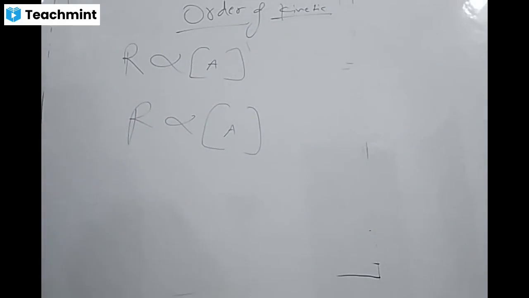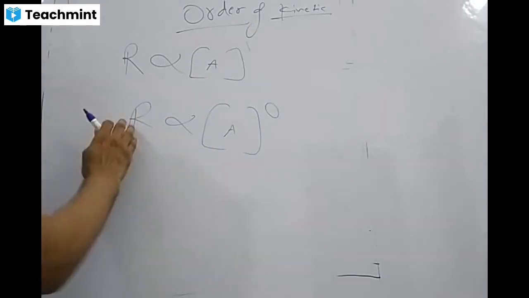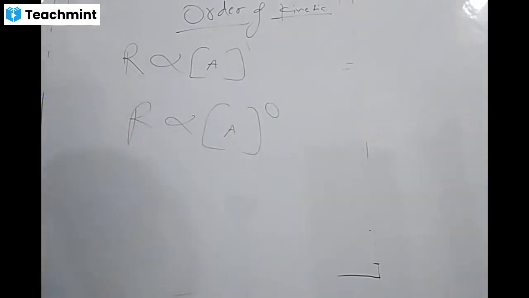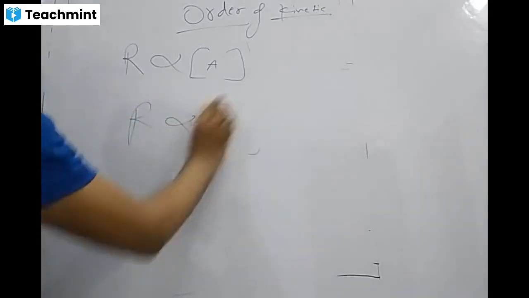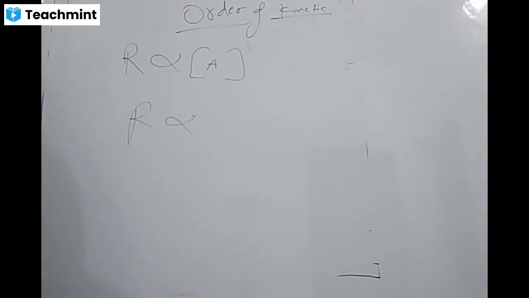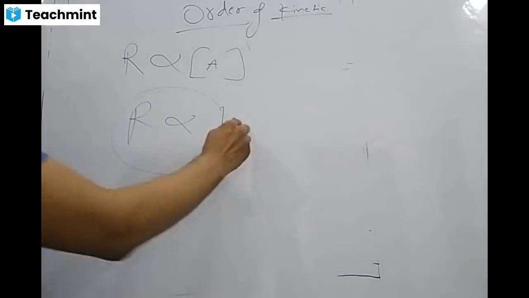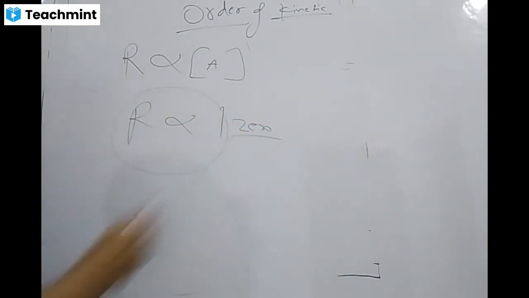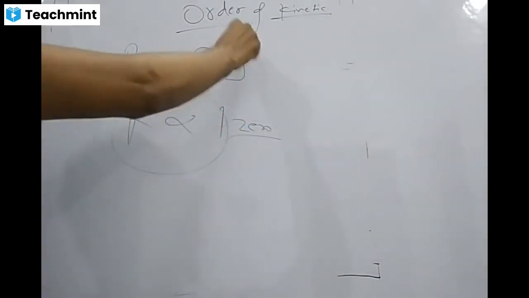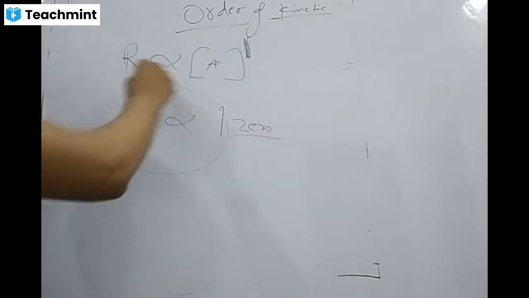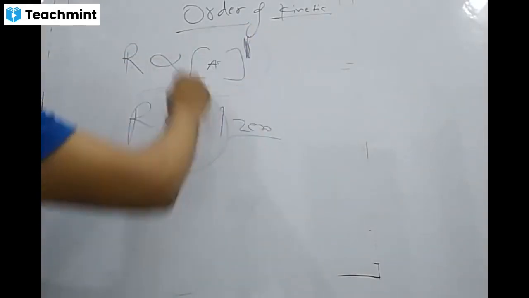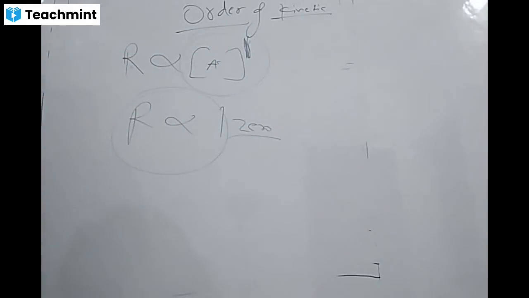If I put 0, this is zero order, which means the rate is independent of concentration. Something power 0 becomes 1, so the rate is independent of the concentration. This is your zero order. And 1, concentration power 1, means the rate is directly proportional, which is first order kinetics.